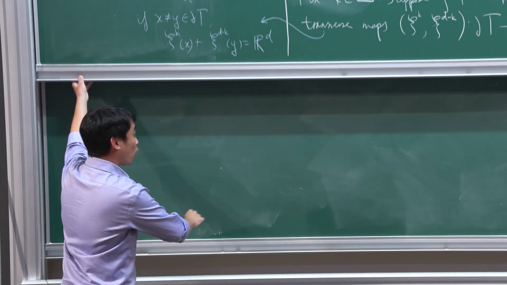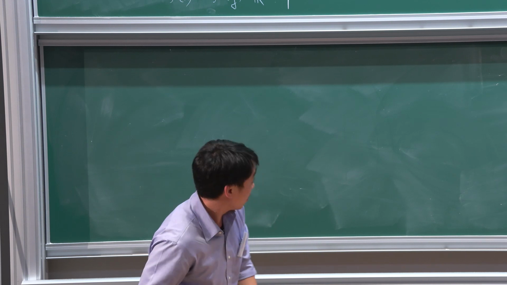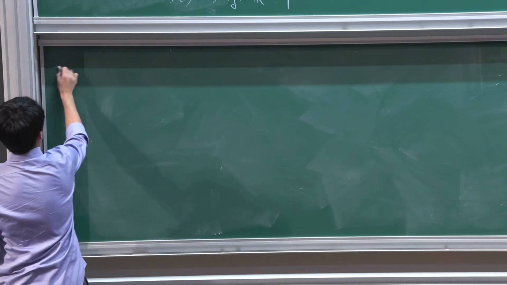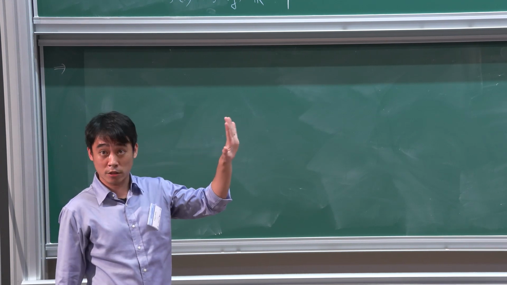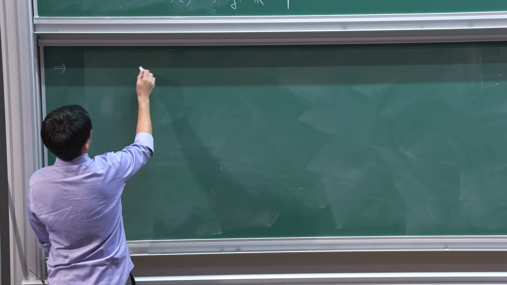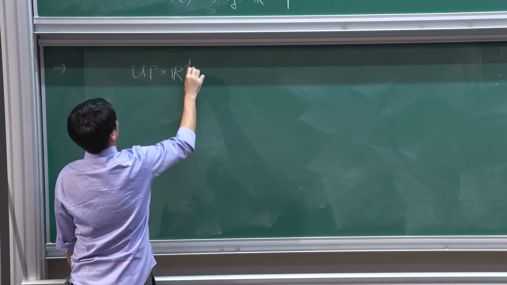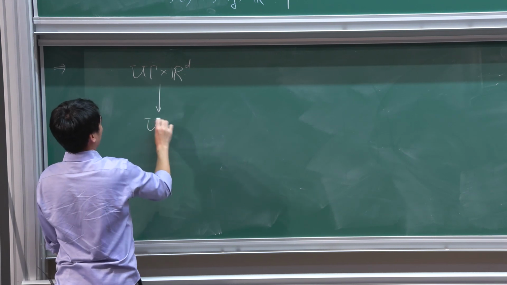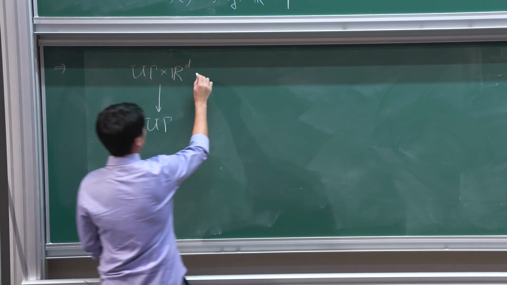All right, so let's just suppose that you have this first. What does this buy you? From this you can get a splitting of the trivial R^d bundle over the flow space. You can look at U gamma times R^d over U gamma, the trivial R^d bundle over U gamma, and you have this splitting.